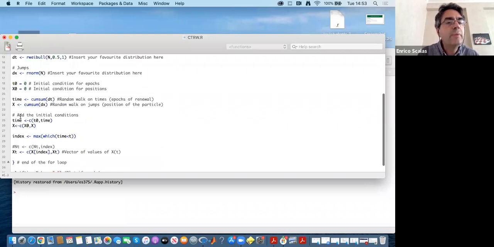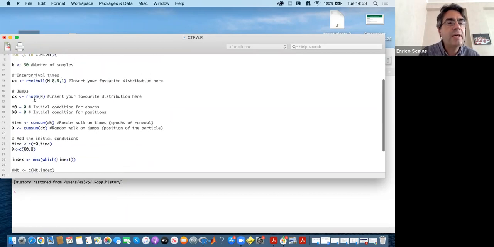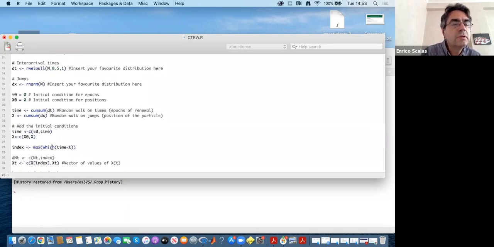And here what I am doing, I am putting in xt the value that I obtain after checking all the values that are below time t. So in particular x of index, where index is the maximum of all the indices such that time is smaller than 10.